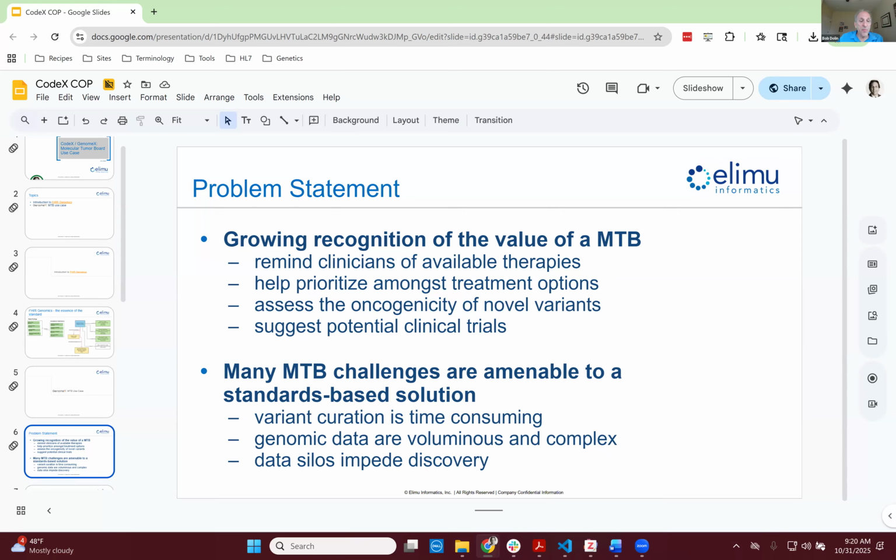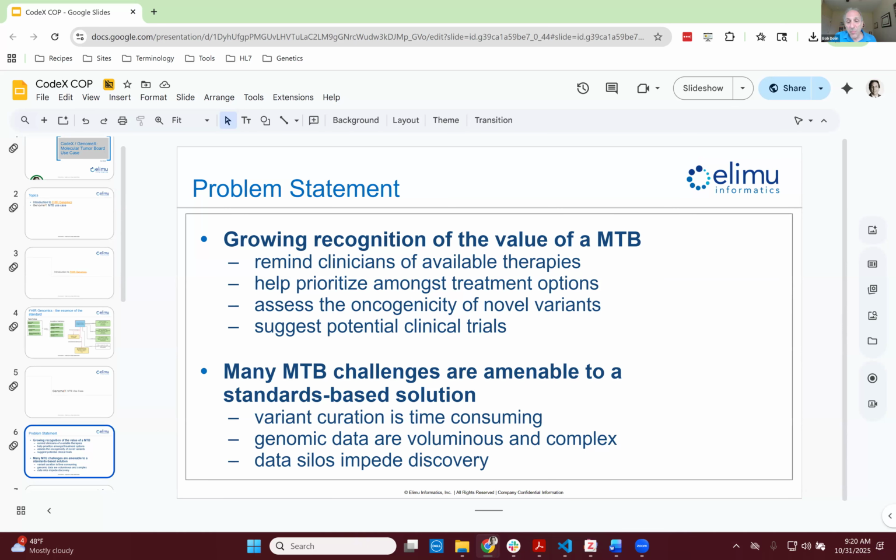Well, number one, there's growing recognition of the value of a molecular tumor board. Clinicians just can't keep up with the literature. They just don't know what therapies are available sometimes, and probably this is going to be more in the future. You remember in the early days of email, it was like, oh, this is fun, you get an email, but nowadays you're inundated with emails, and the focus has completely shifted from too few to too many.